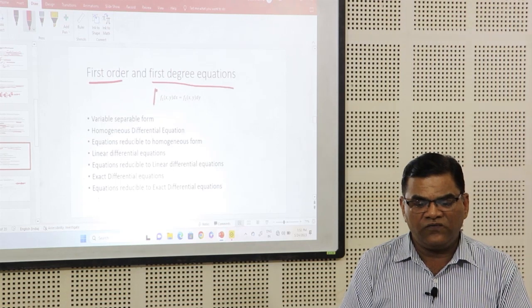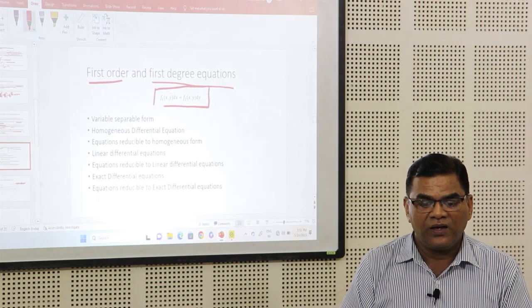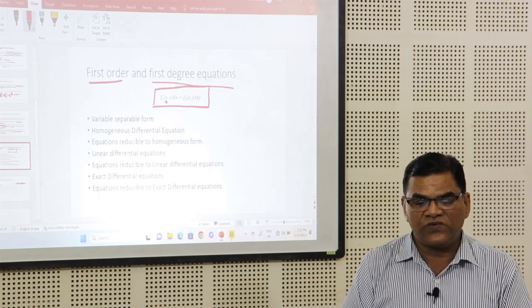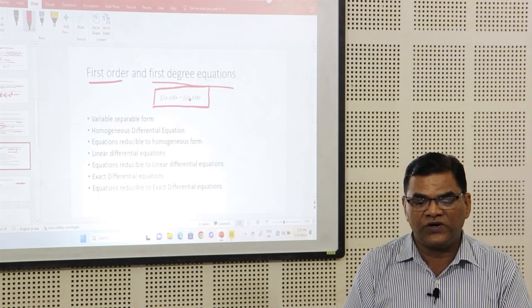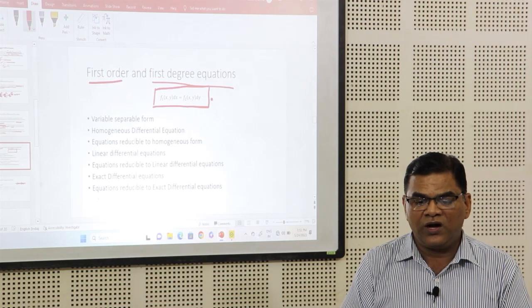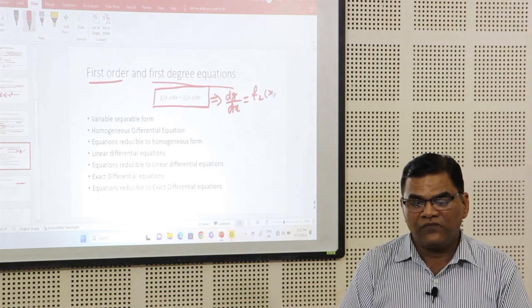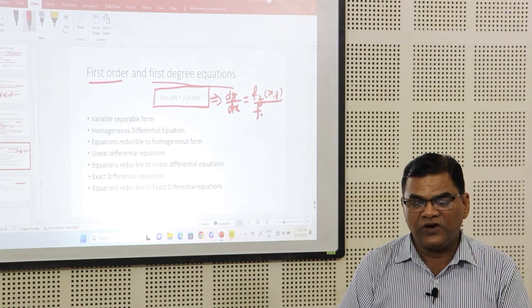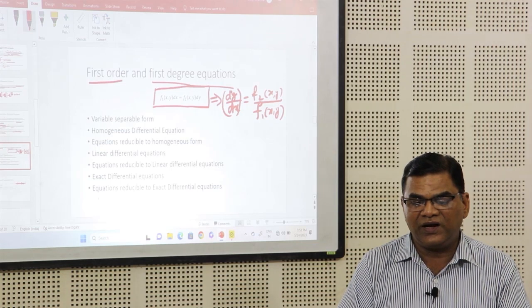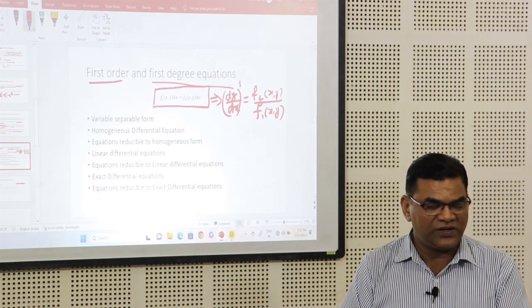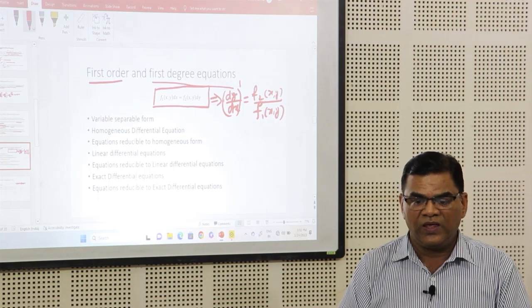The general format of first order first degree equations is some function f1 of x,y into dx equals some function of x,y into dy, or a differential equation of the type dy/dx equals some function of x,y divided by some other function of x,y. Here we can observe this equation contains a derivative of the first order, that is why its order is first, and its power is 1, therefore its degree is also 1. That is why this is the general format of the differential equation.